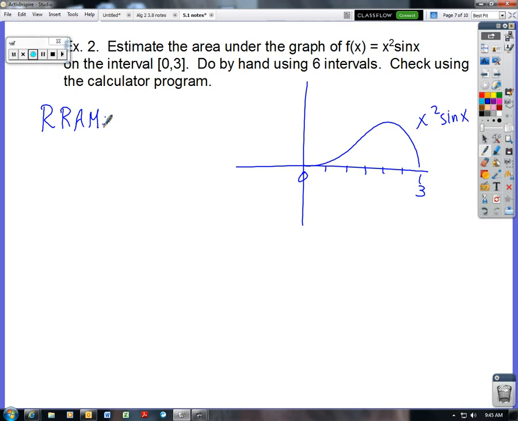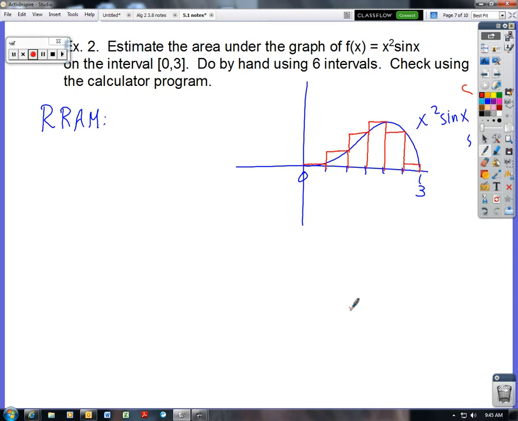So let's draw pictures. For RRAM, I'm going to go to the right-hand side, go up and form little rectangles. So right hand over, right over, right over, right over, and this one barely comes up at all.